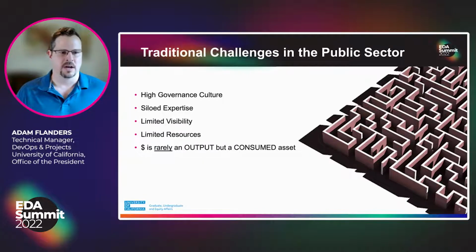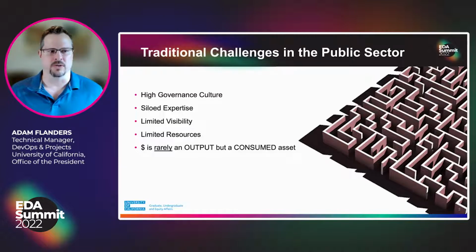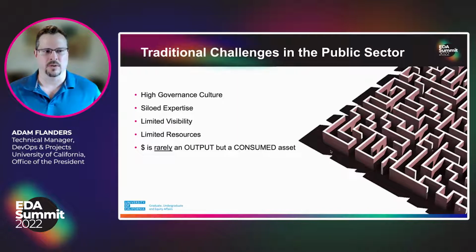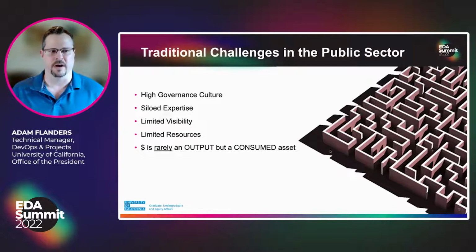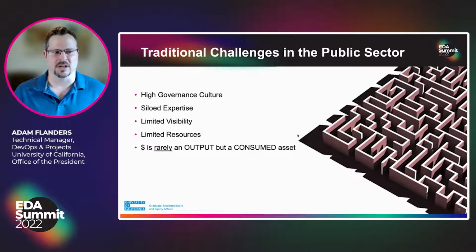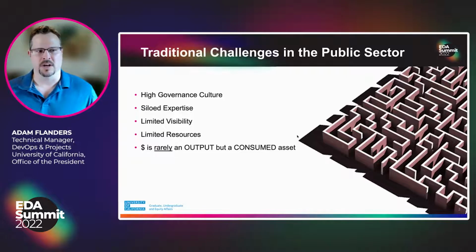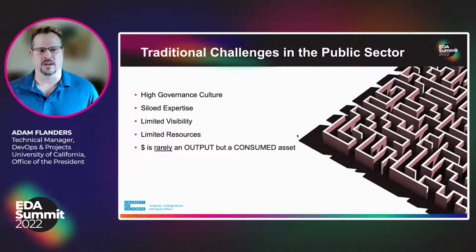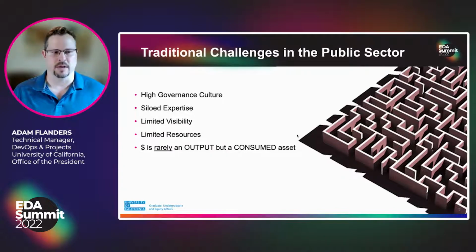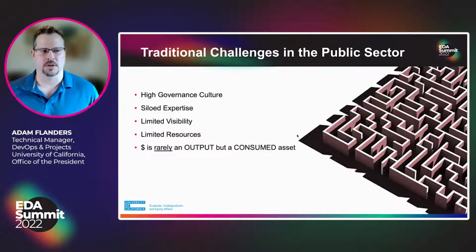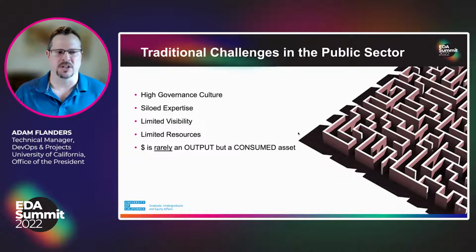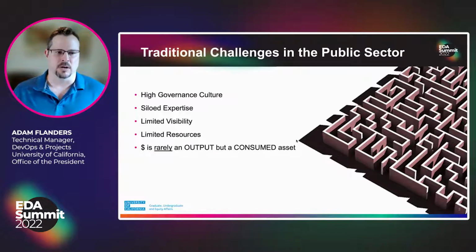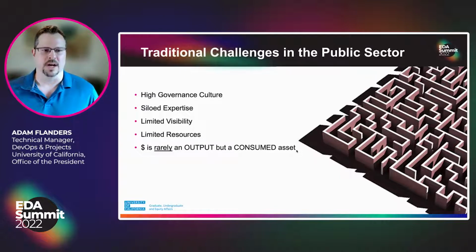Things like high governance culture, which is very risk-oriented, siloed expertise, which is actually the dominant form of management in an organization. That in turn brings limited visibility, limited resources, given even with these wide missions that they have to accomplish. And of course, a key differentiator is that money is rarely an output, unlike the corporate sector, but a consumed asset.